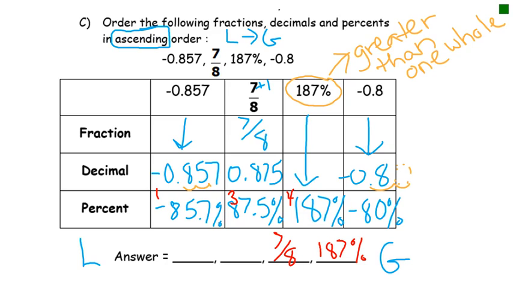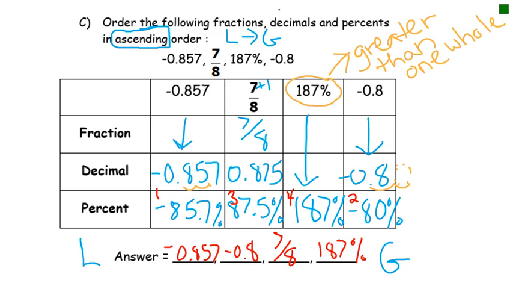Its original form is negative 0.857. And then the one that goes in the middle here, the other negative number, but not as negative, the negative 80%, or in its original form, was negative 0.8. So I have all my values listed, least to greatest. I made sure to put them in the correct order.